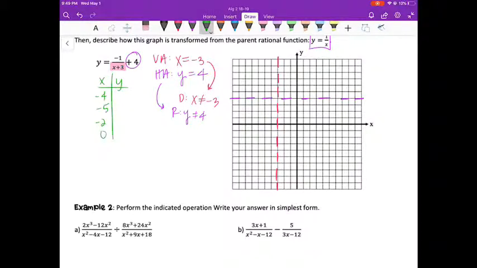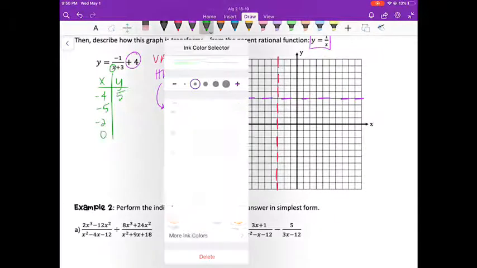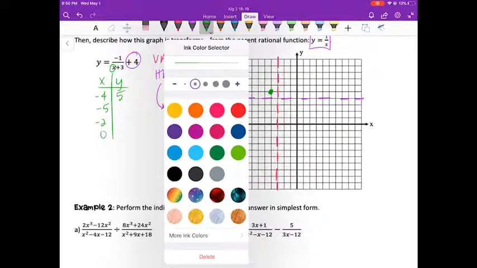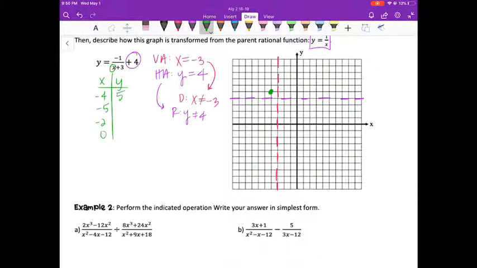So plugging in -4 first for x, then we will have -4 plus 3, that's -1. -1 divided by -1 is positive 1, plus 4 would give us 5. So -4 up to 5. And then we've got -5. So -5 plus 3 is -2.